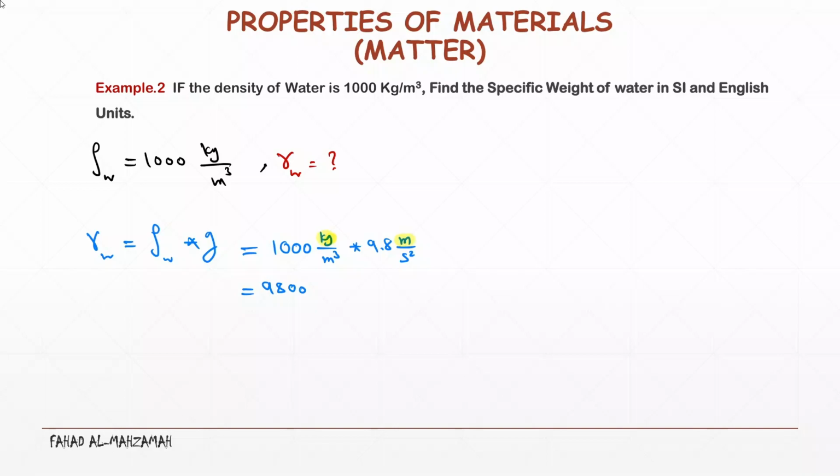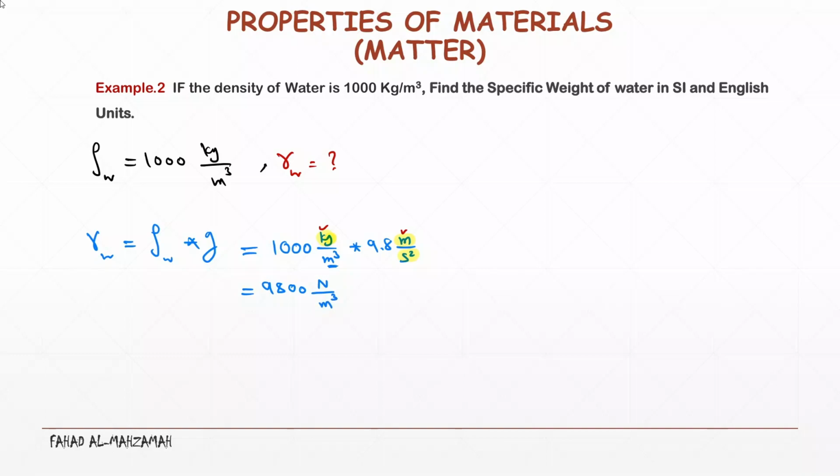Now look, these units will form what? Here we have mass, and here we have acceleration of gravity. Mass multiplied by acceleration of gravity is a weight, so the unit of weight or force is the Newton. So we say 9800 Newton divided by cubic meter.